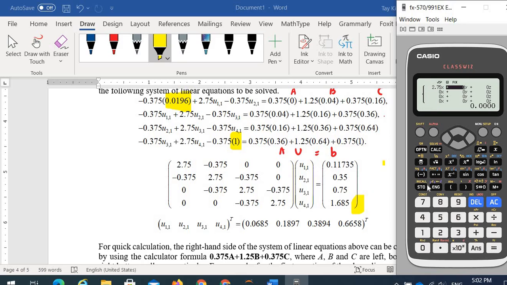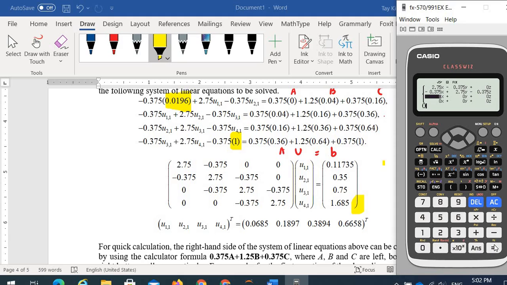Okay, and then negative 0.375, 0, 0, 0.11735. Second equation, negative 0.375, and then 2.75, negative 0.375, 0, 0.35.